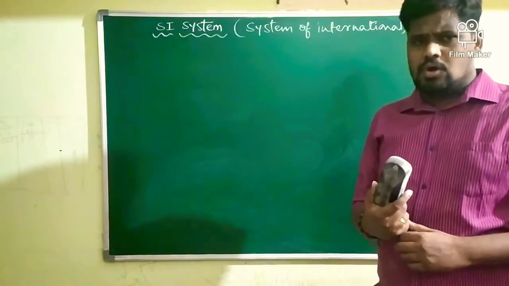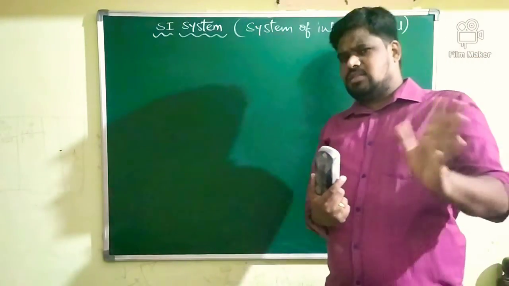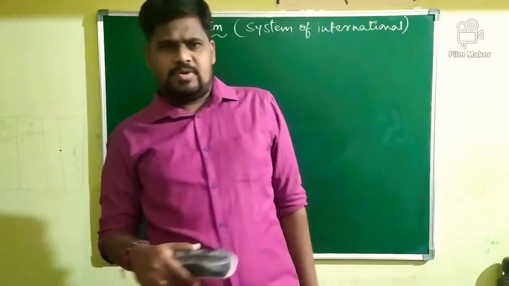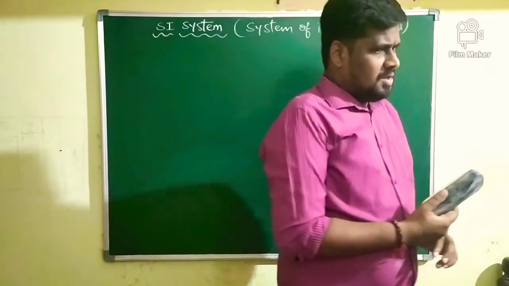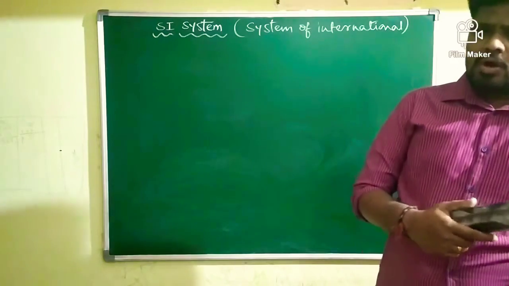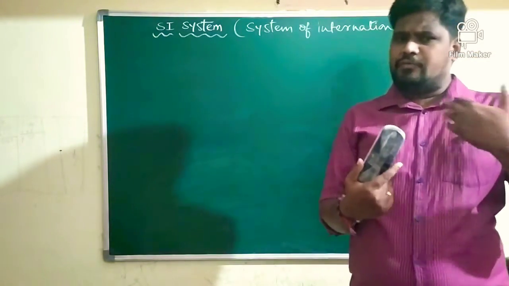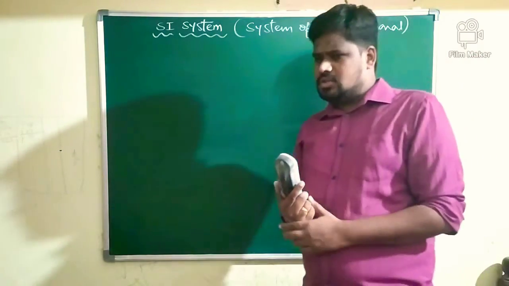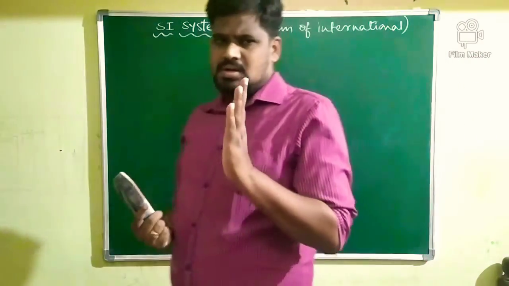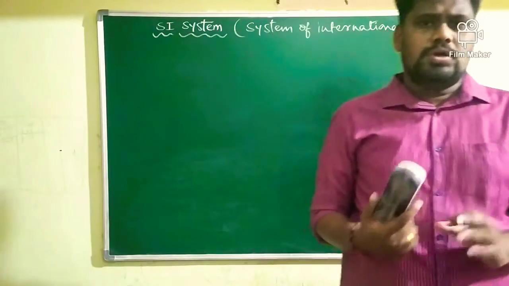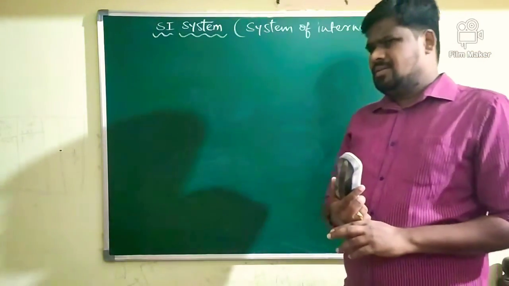Rarely we use the CGS system, in which length is measured in centimeter, mass in gram, and time in second. Generally in France, people were familiar with the FPS system, in which length is measured in foot, mass in pound, and time in second.